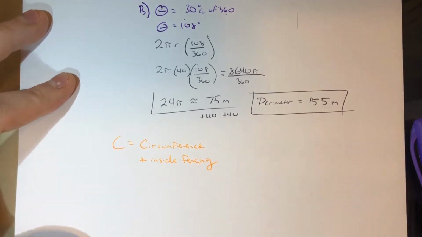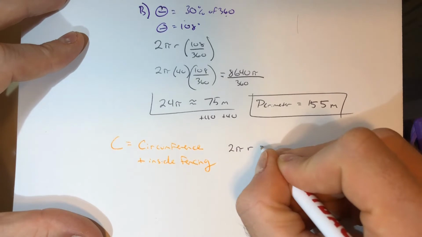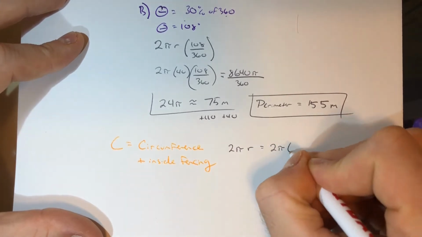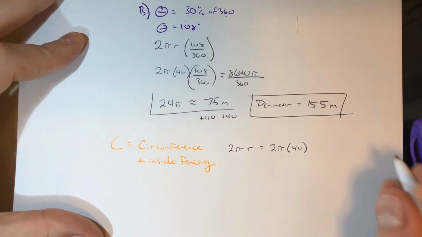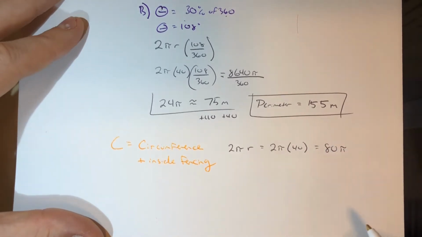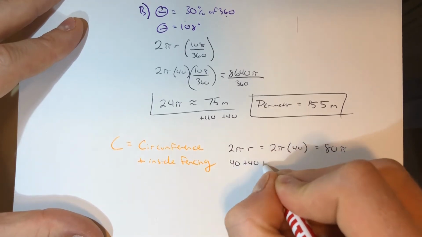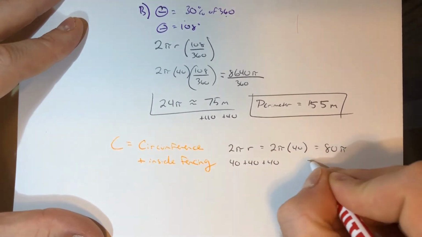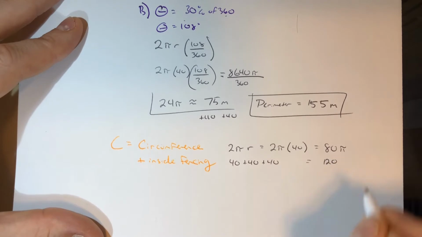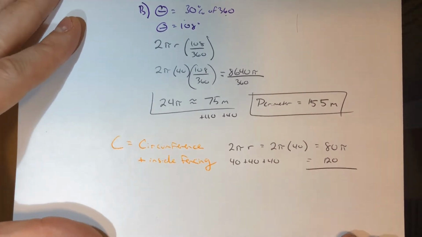Okay. So the circumference of a circle is 2 pi r, which is 2 pi times the radius of 40, or just 80 pi. And the inside fencing was, we had 3 sections of 40, which is going to be roughly 120. So what is 80 pi plus 120?